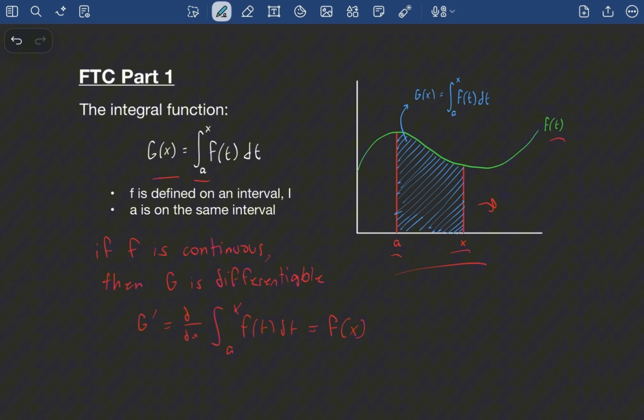So the main idea is, if you have an integral function, and if f is continuous, then g is differentiable, and the derivative of the integral from a to x of f of t is just f of x. Replace all the t's with x's, and you're basically done.